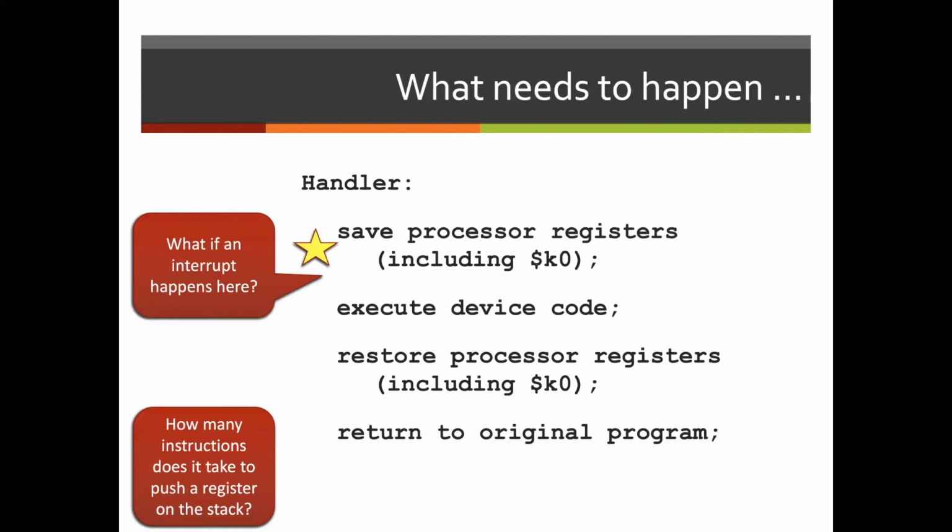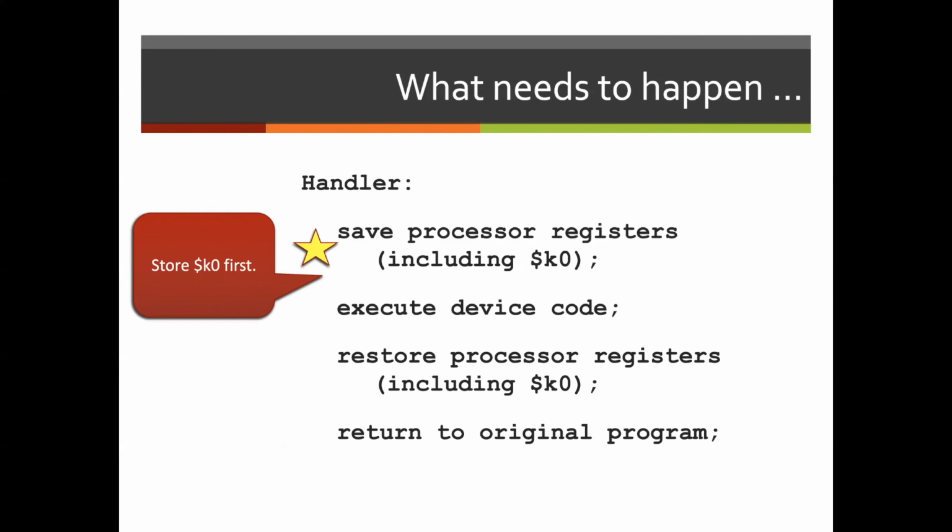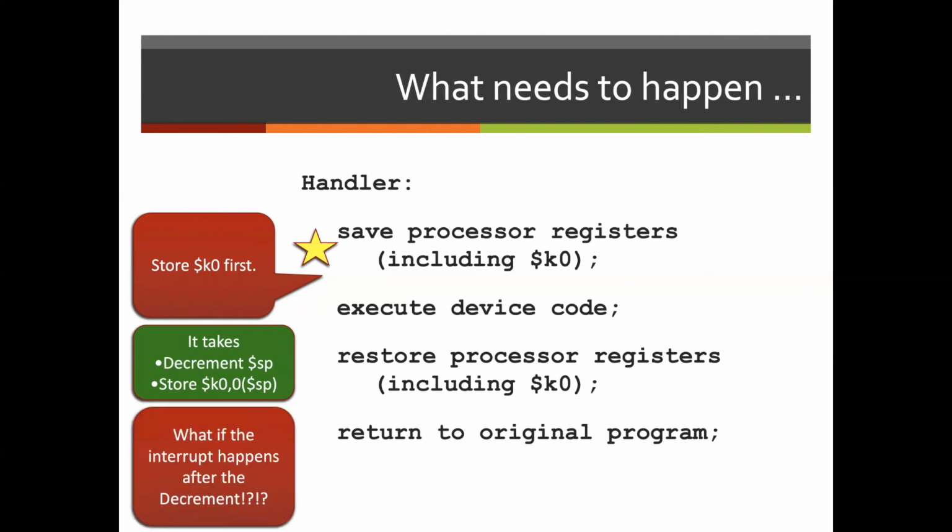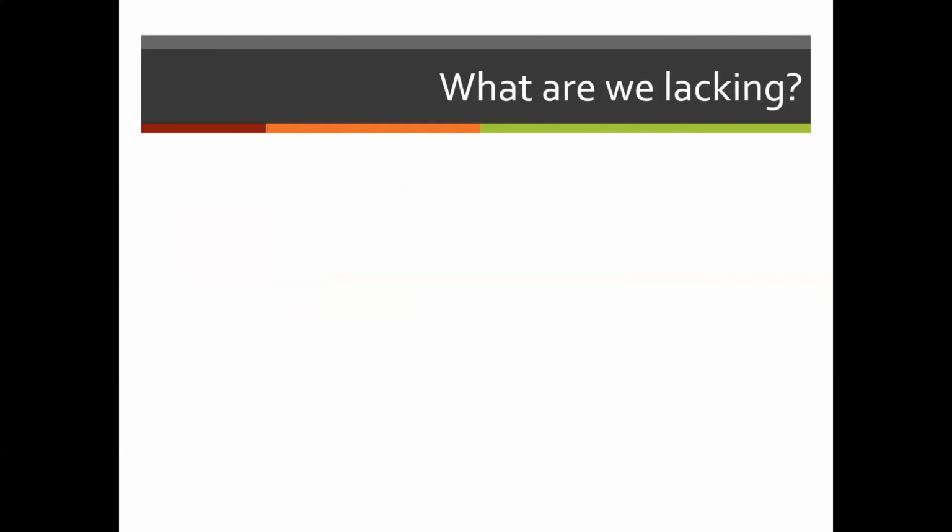And so if an interrupt were to happen here, what we'll do is we'll need to save that register first. And so that gets stored first. And it decrements our stack pointer to make sure that we store it. And so what is going to happen if we get an interrupt after we decrement?